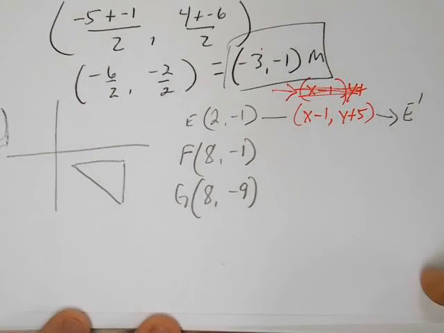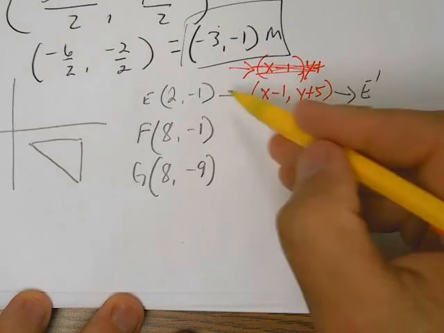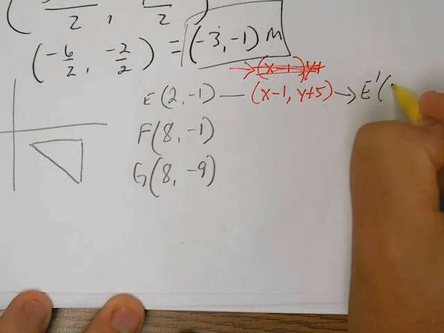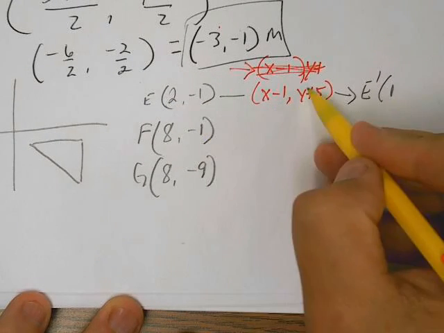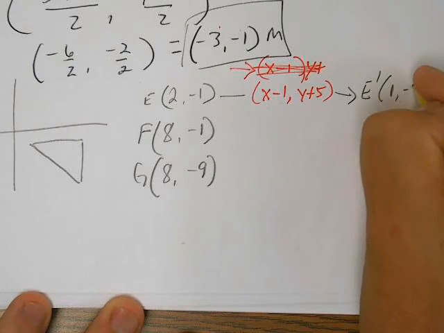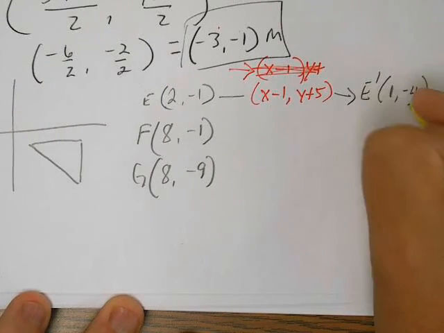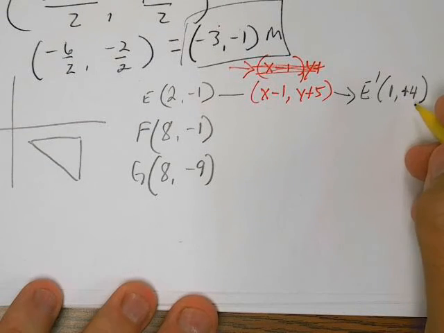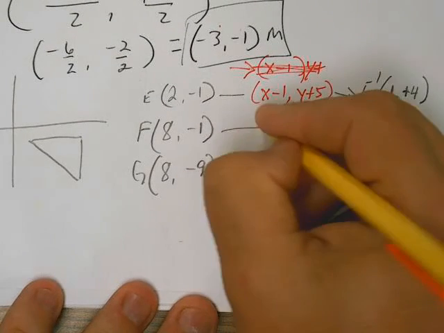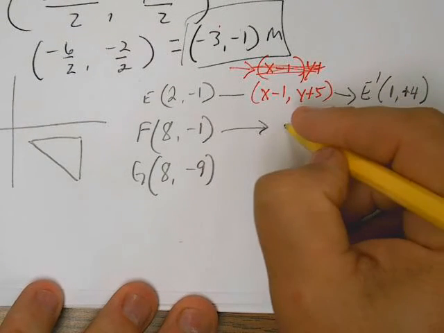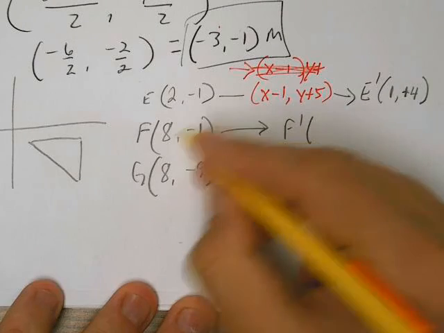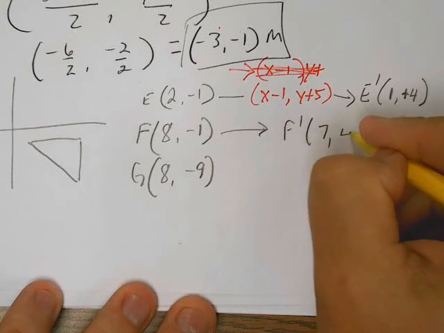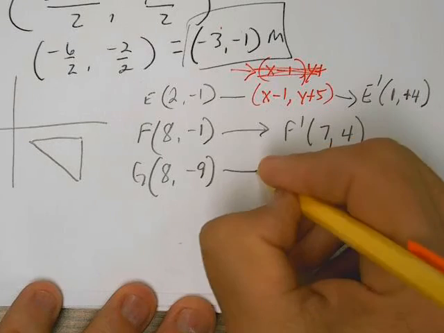So then it's just simple math in our head. 2, and we go minus 1. That means we end up at 1. Then -1 plus 5 means we end up at positive 4. So E prime is positive 1, positive 4. Do the same thing for F prime: 8 minus 1 is 7, -1 plus 5 is 4.